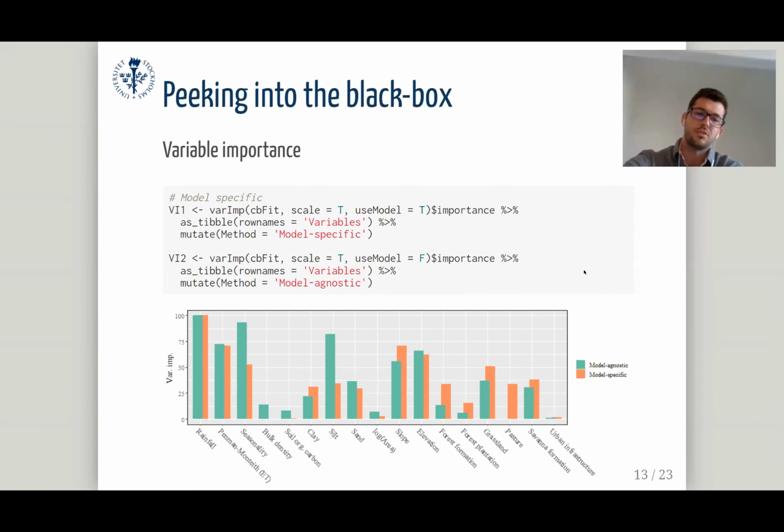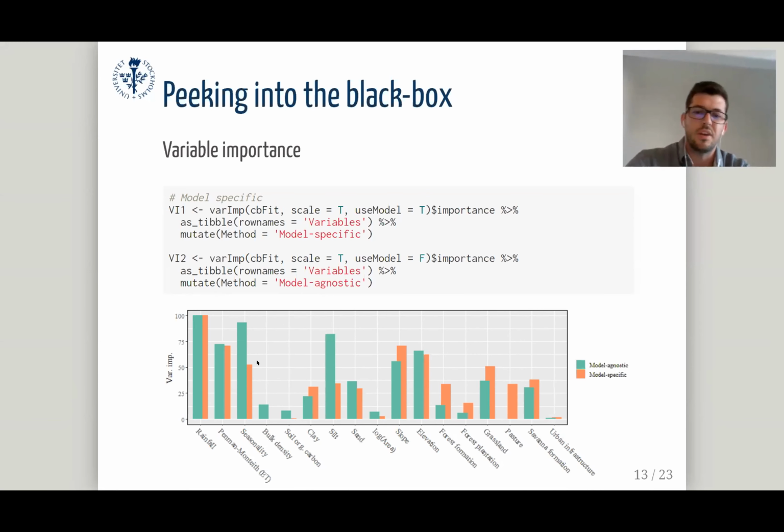So when we check the variable importance, we can see that they have a similar pattern. Some variables got a different outcome between the model agnostic and specific methods, for example pasture, bulk density, silt, and a little bit of difference in other variables. But we can see that the variables considered the most important are generally the same.